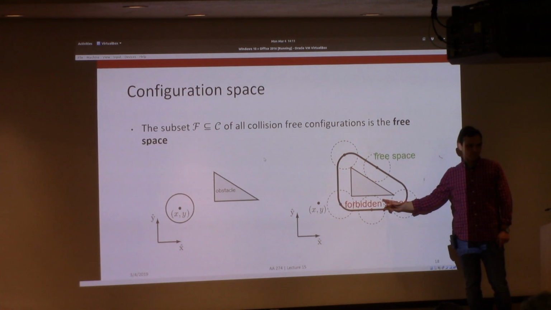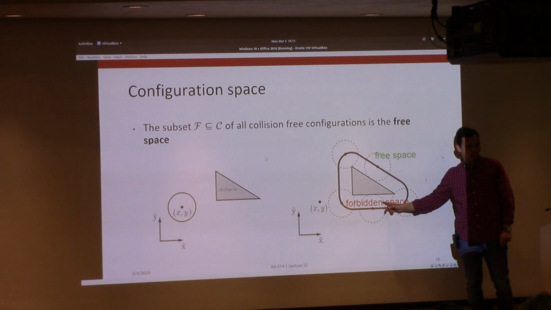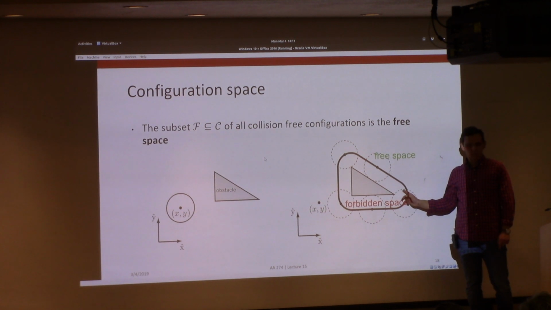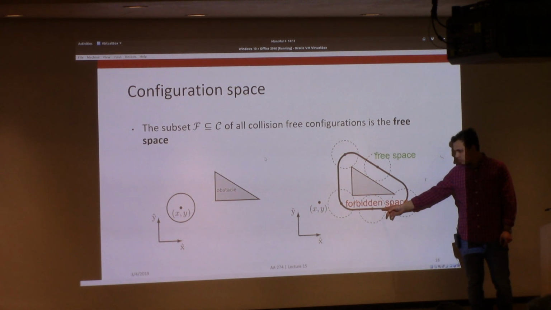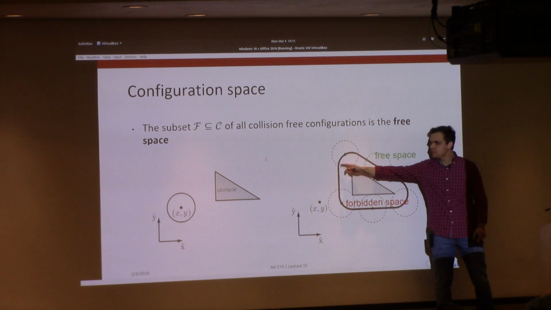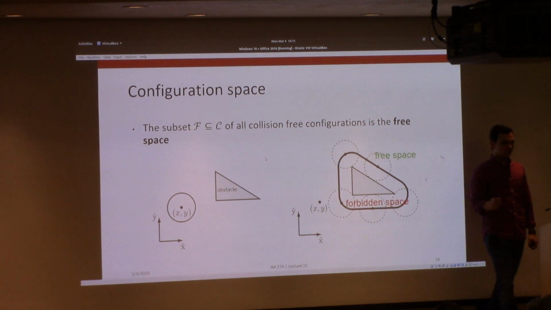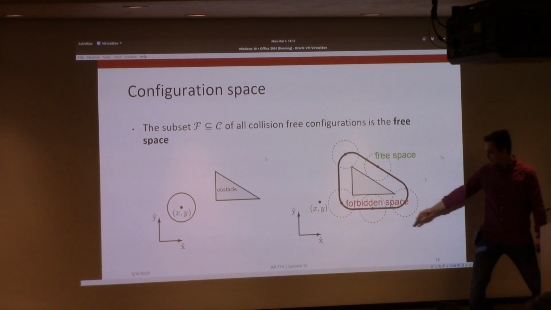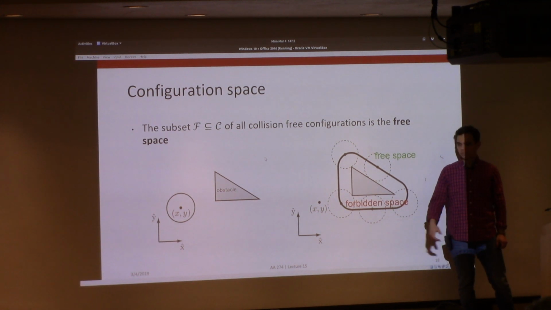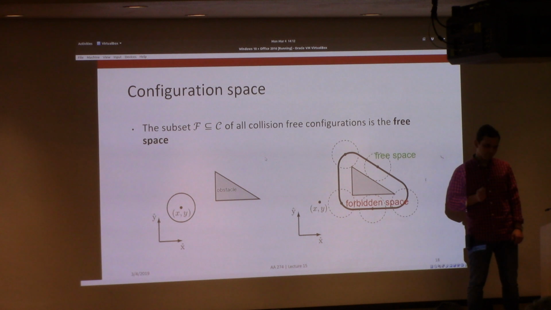Okay? So if we go a little bit inside of this area, what are we guaranteed that will happen? Collision, right? So all the points that lie in this curve are forbidden configurations, meaning that those are configurations that represent positions of the robot in which it collides with the obstacles. Okay? And what is the free space? Everything that lies outside of this black region. Okay?